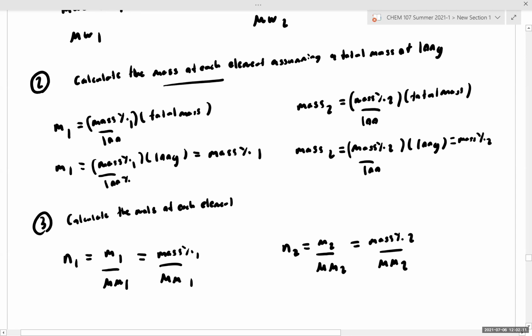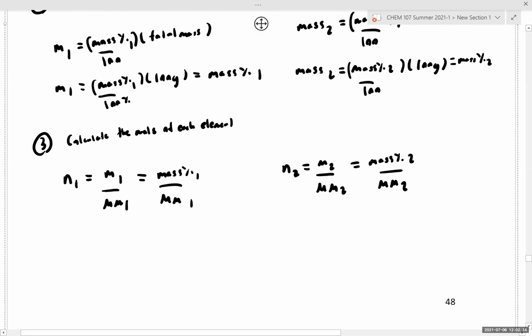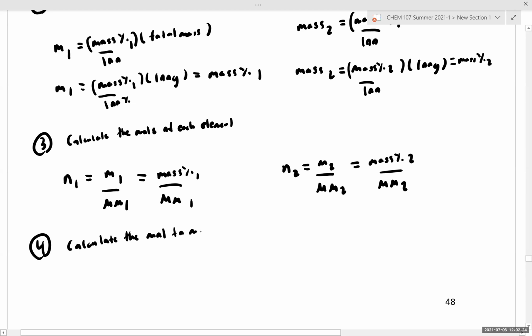So if you're doing it stepwise, you're then going to calculate the moles of each element and finally calculate the mole-to-mole ratio. And this mole-to-mole ratio is going to be your empirical formula.